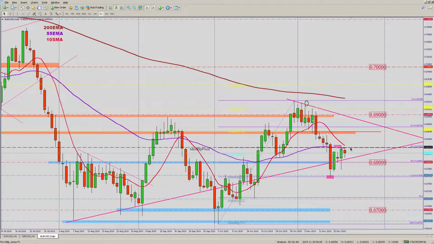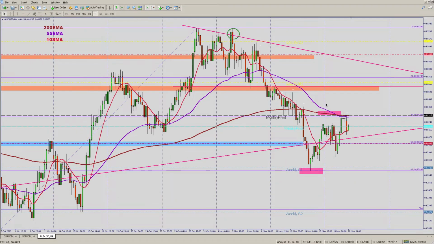So this is a key resistance zone now. Weekly pivot is at 0.6819, so it's just hovering around there, and it's managed to hold up above the lower trend line.